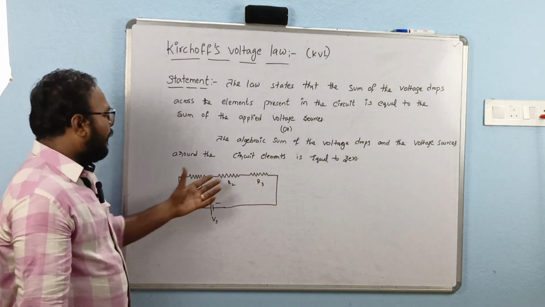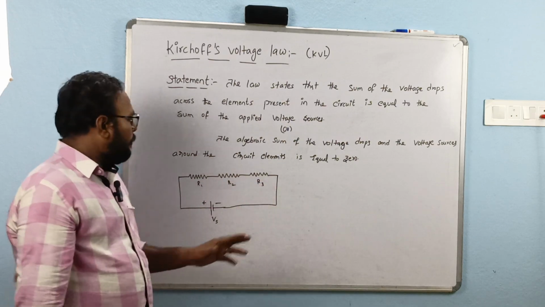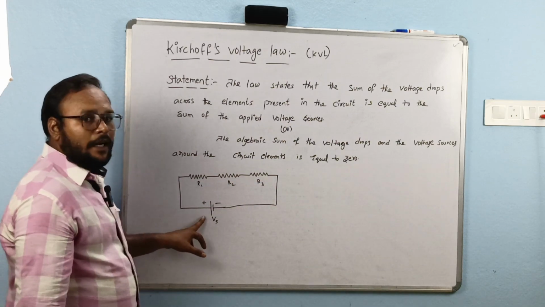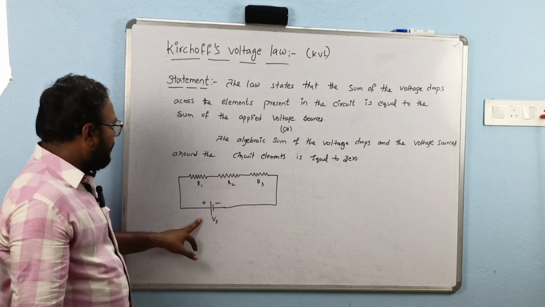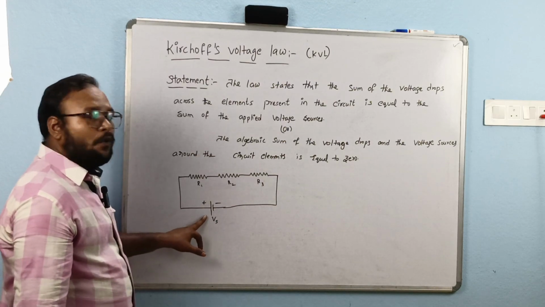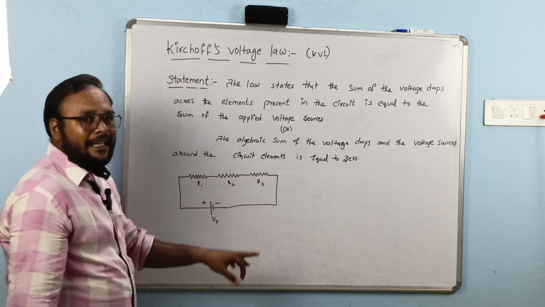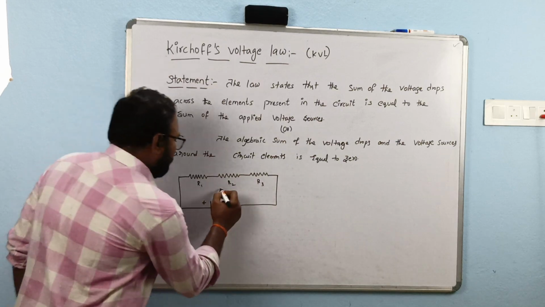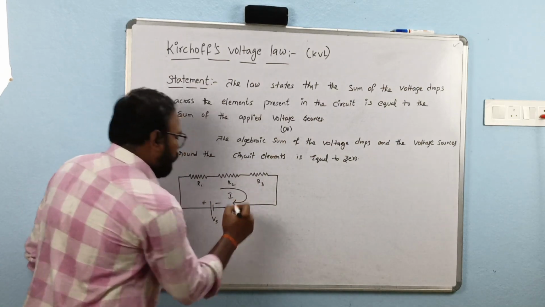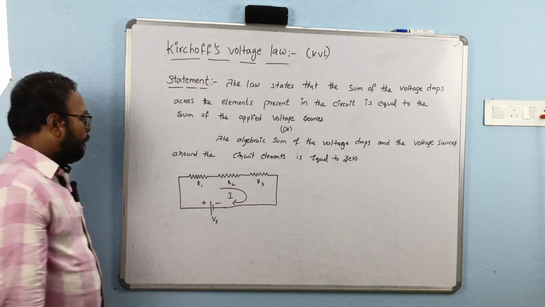These are the elements present in this particular circuit, which is connected to a voltage source Vs. Now, this voltage source makes a current I flow through the circuit.